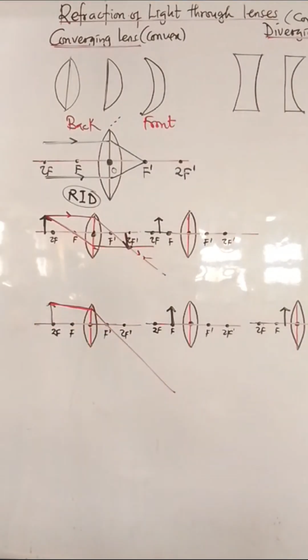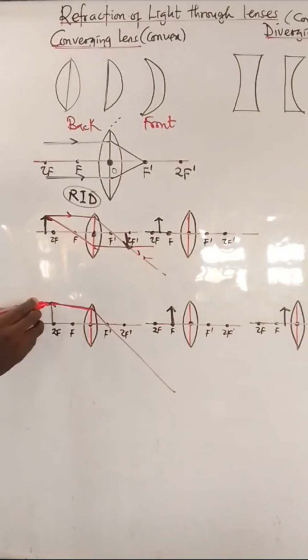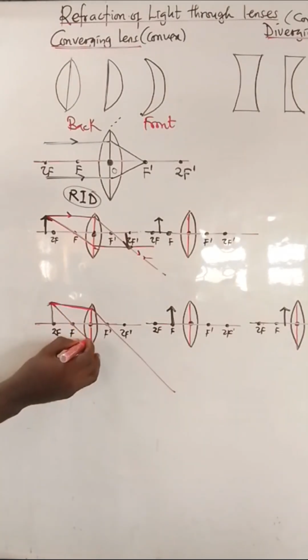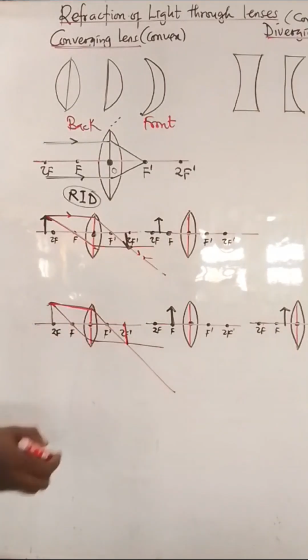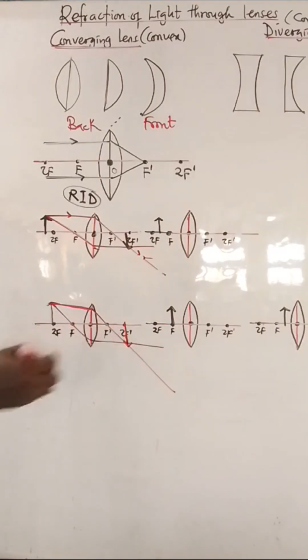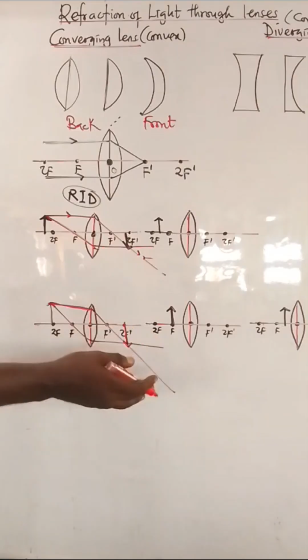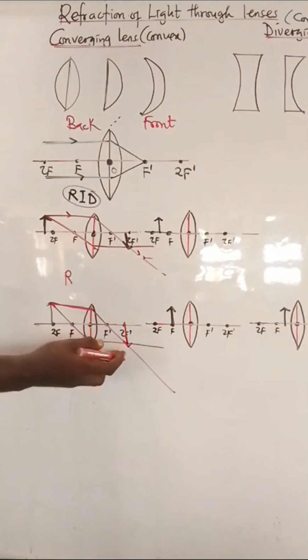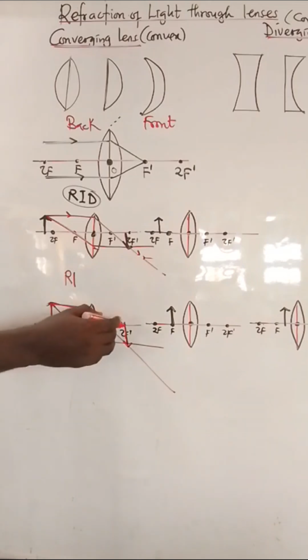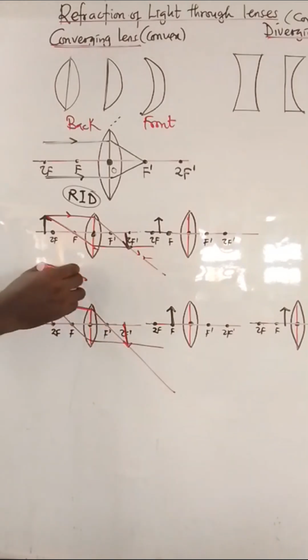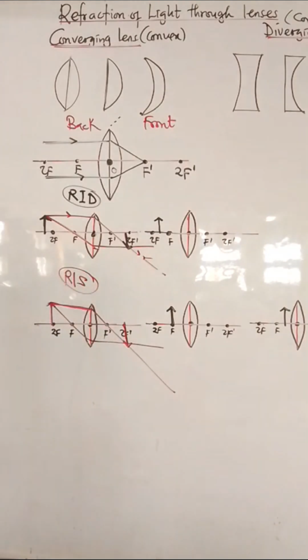F. Second one, any ray that passes through this F, after refraction, passes through the principal axis, they meet here. It is formed at 2F. It is formed at the front, so it is real. Below the principal axis, it is inverted. And if you measure the size of this and this, it will be the same size. That is real. Similar to that of the mirror.